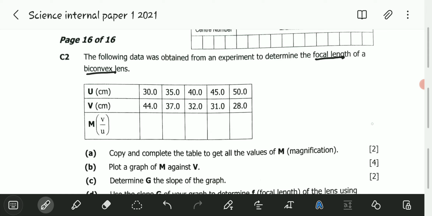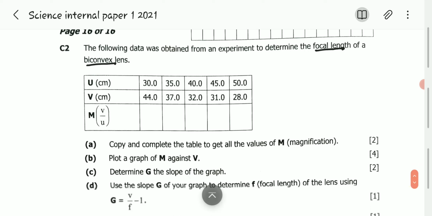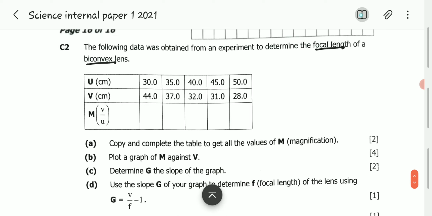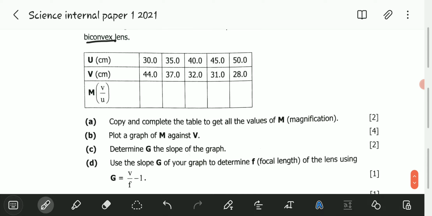All right, so we have a table here, and in this table we have measurements, and we have u. U is measured in centimeters, and we have 30, 35, 40, 45, 50.